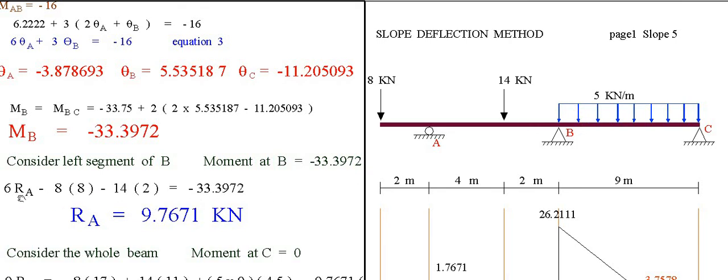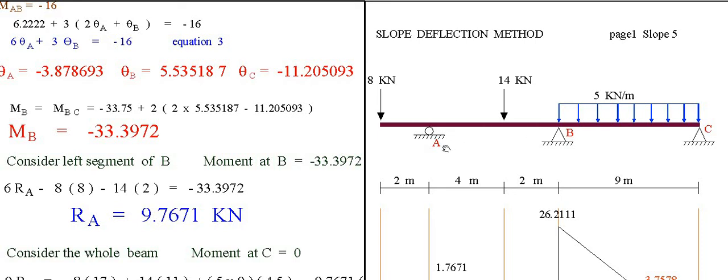So the left forces moment, on the right, is minus 33.3972.